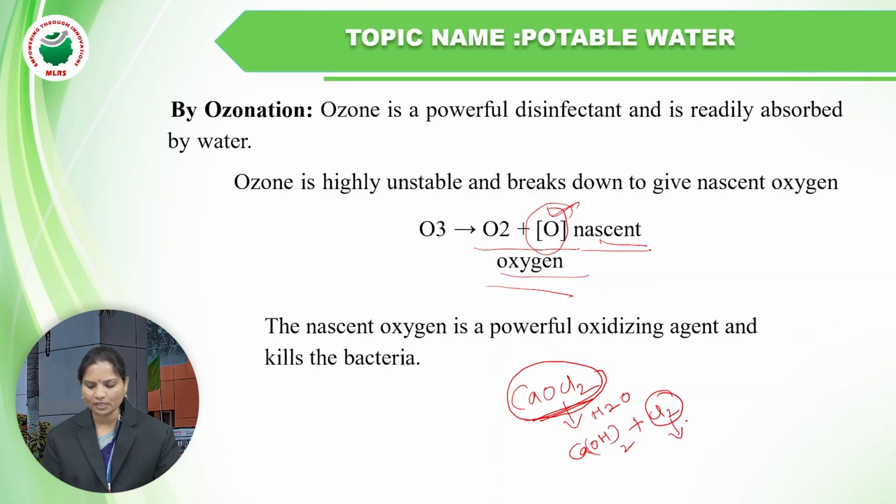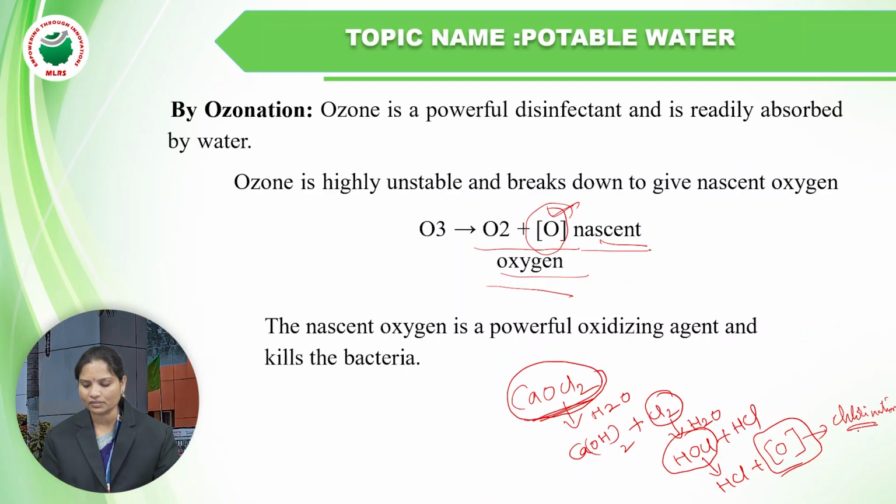Again, the Cl2 interacts with water to produce HOCl and HCl. Again HOCl decomposes to produce HCl and nascent oxygen, which is also an oxidizing agent. Then the chlorination process takes place, killing the bacteria in the water.